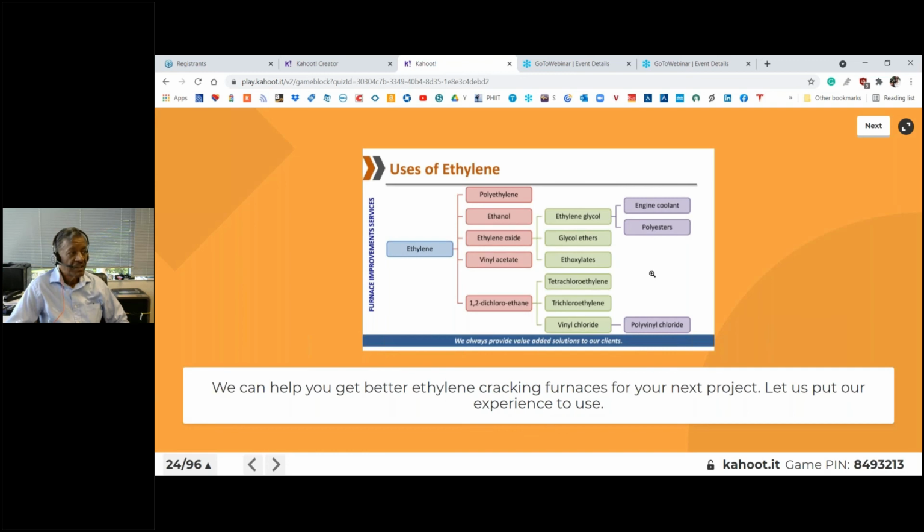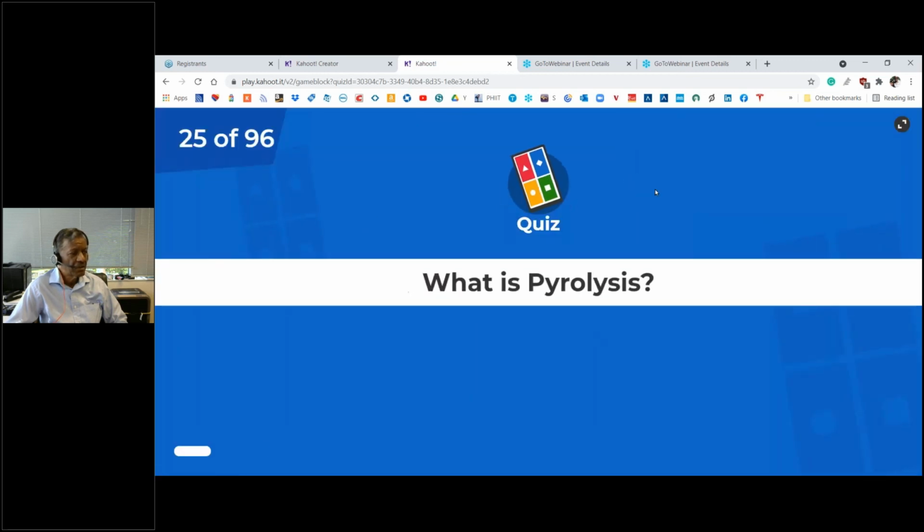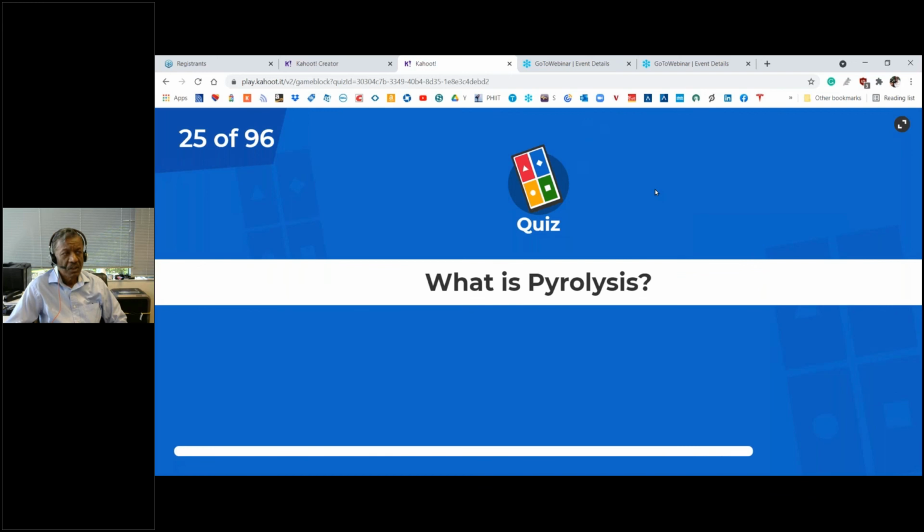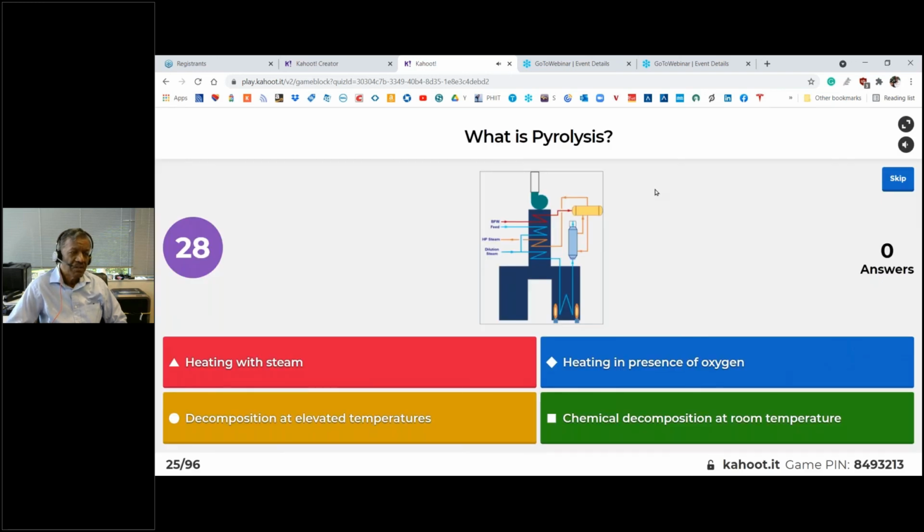We haven't listed polystyrene here. We have not listed linear alkyl benzene. So lots and lots of uses are there for the ethylene, and it's growing worldwide. So our feedstock is gas, and our product is ethylene.